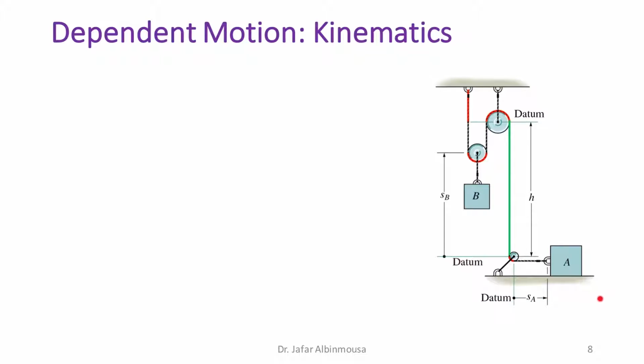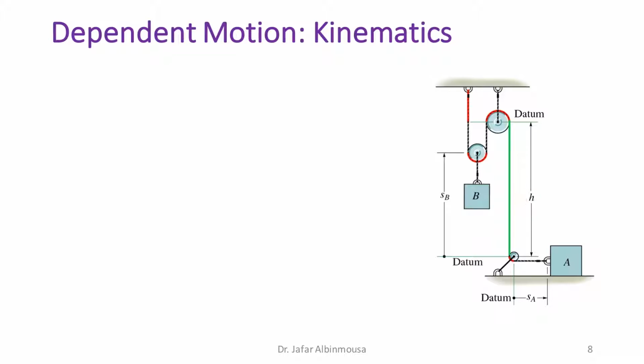Again, right-hand side is positive, left-hand side is negative. And for block B, we measured the length all the way to the pulley. Now, the pulley itself represents the displacement of block B because this distance is always the same. So when the pulley moves 1 centimeter, for example, this means the block B moves 1 centimeter.